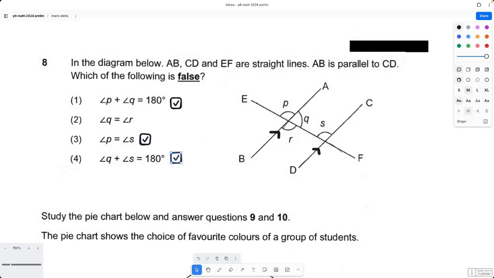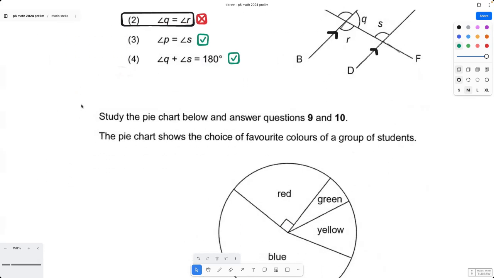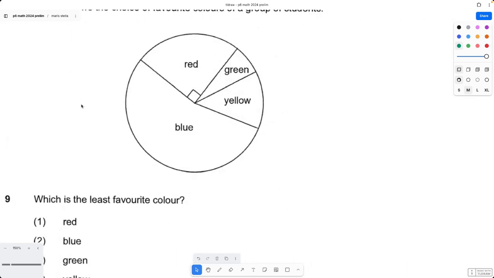So therefore the wrong option is the one over here. Q is not equal to R, so option 2 is this one. There you go. Let me put this in red and this in green.